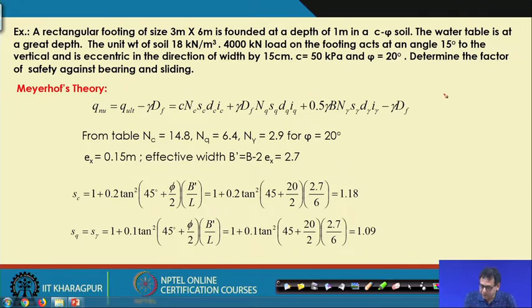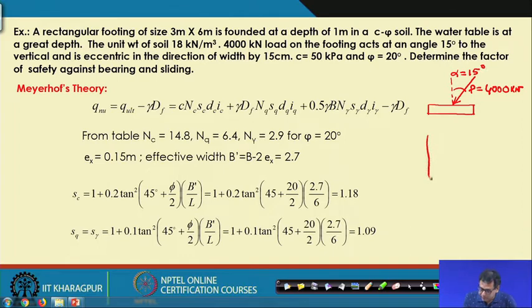If we draw the section, this is the footing, and the load P equal to 4000 kilonewton is acting at an angle alpha equal to 15 degree with the vertical.